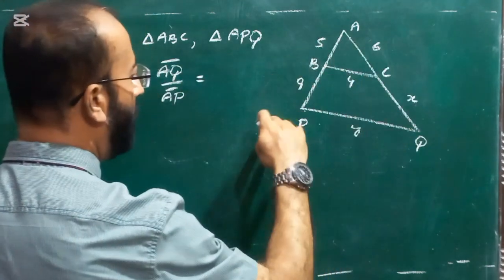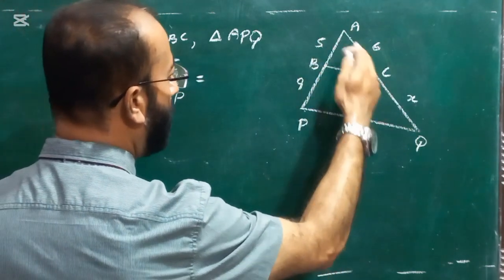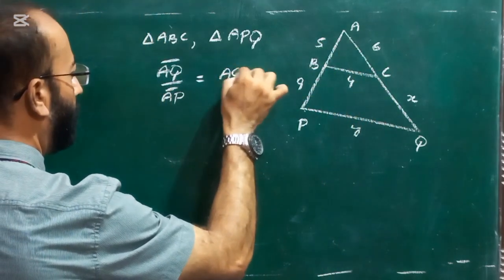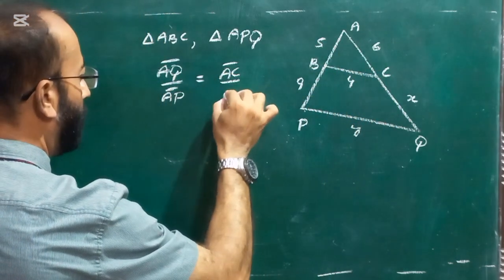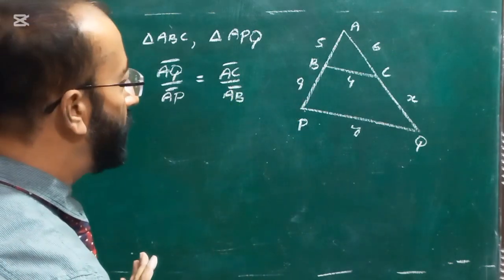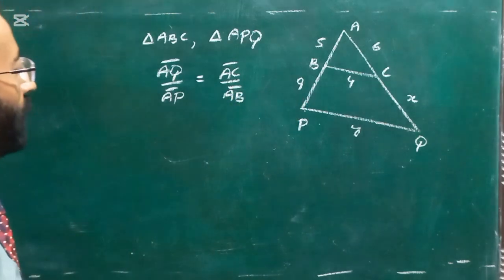So right to left in the smaller triangle, that is AC over AB. So the ratio of the corresponding sides is equal.